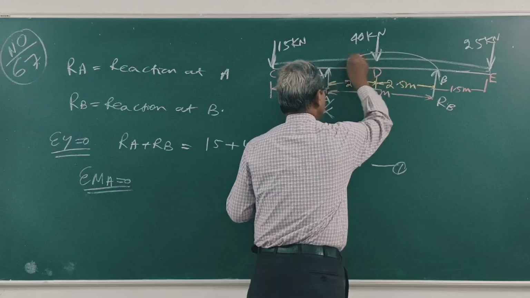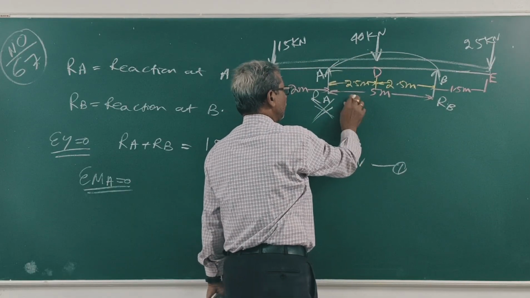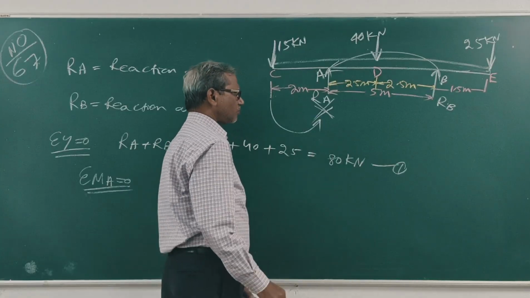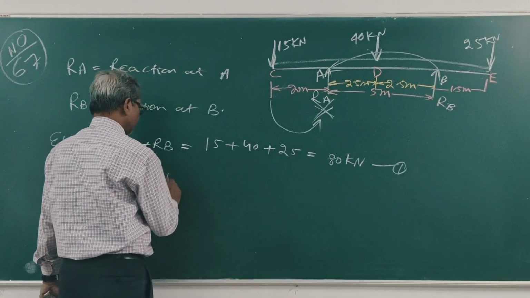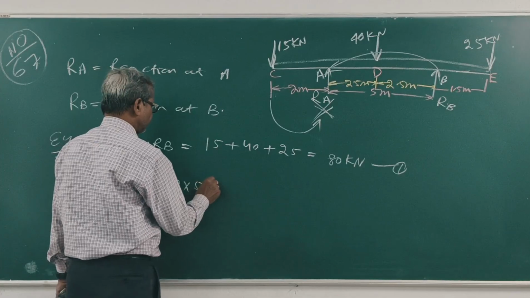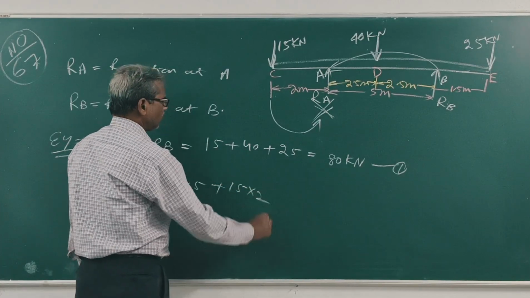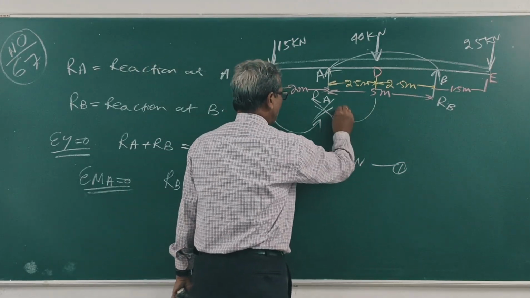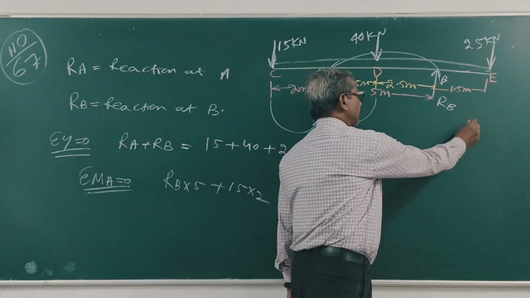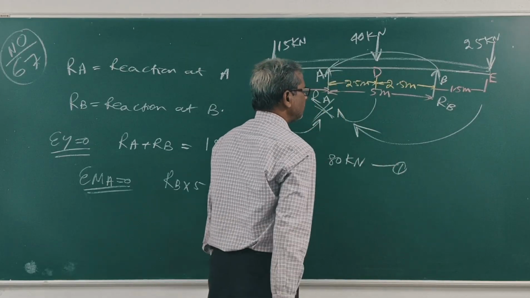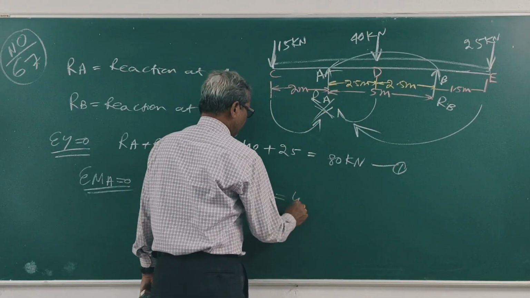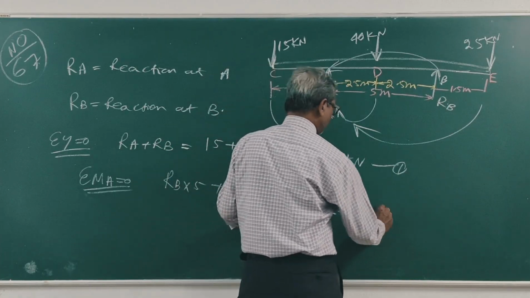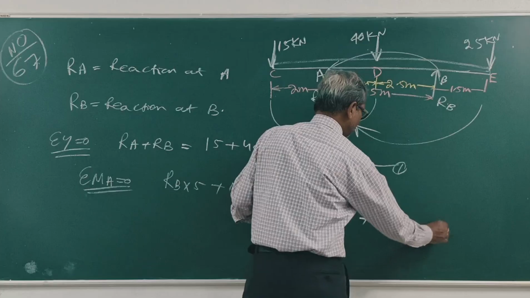So RB into 5, plus 15 into 2, is equal to 40 into 2.5 plus 25 into 6.5.